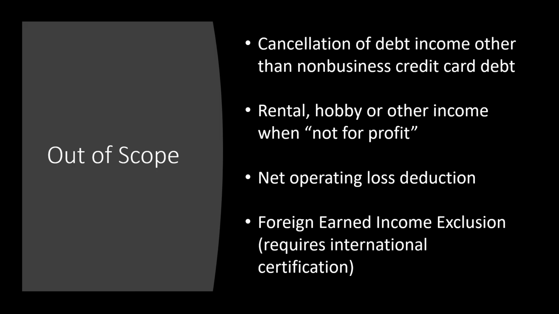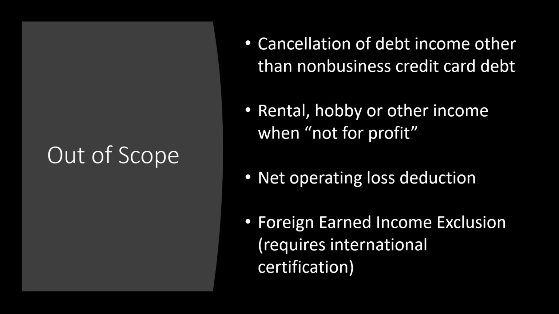Our line 8 has a lot of scope issues. Remember that cancellation of debt income other than non-business credit card debt is going to be out of scope for our basic preparers. For our advanced preparers, they could also help with the cancellation of debt when it involves the principal residence, but any other kind of cancellations of debt are going to be out of scope, and particularly any business cancellations of debt.